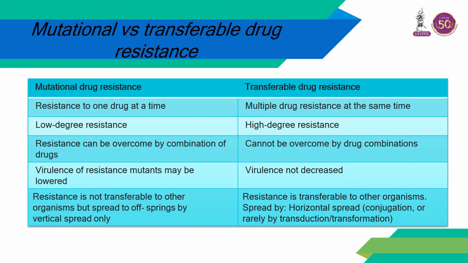That is, it is a vertical spread only. And in transferable drug resistance, it is a horizontal spread. That is, transfer from one organism to any other organism. So this is a horizontal spread, which is more dangerous. These two are examples of acquired resistance.